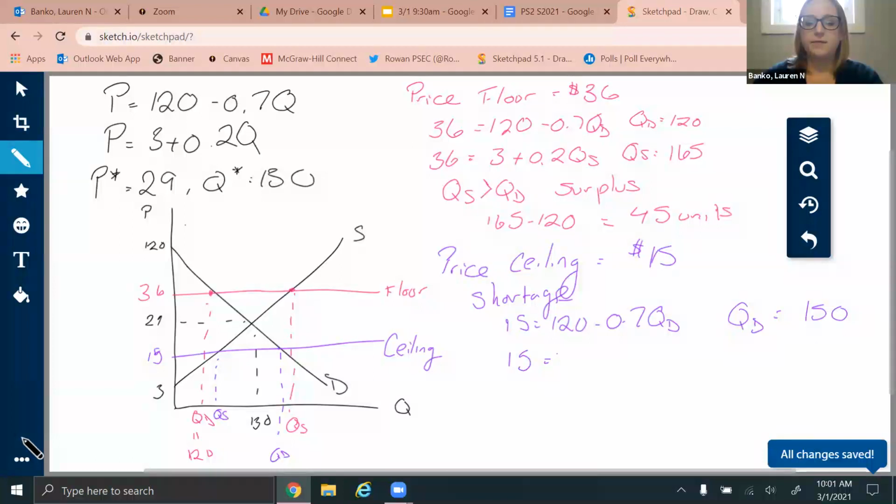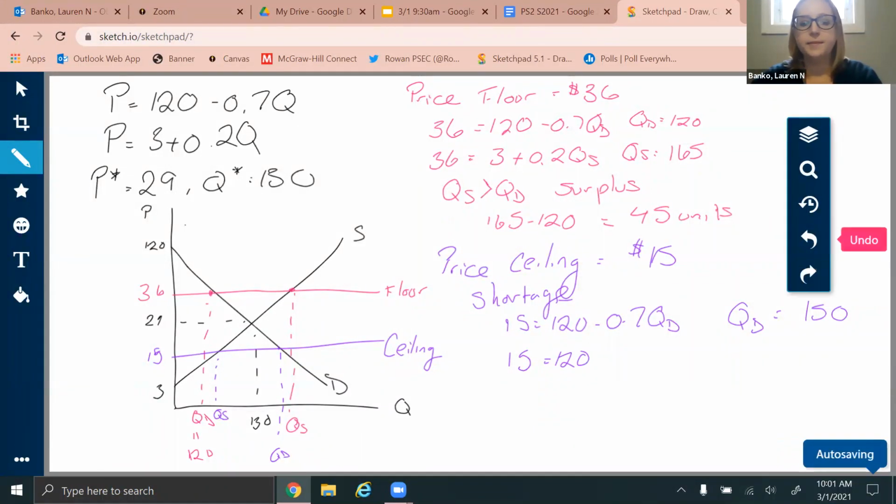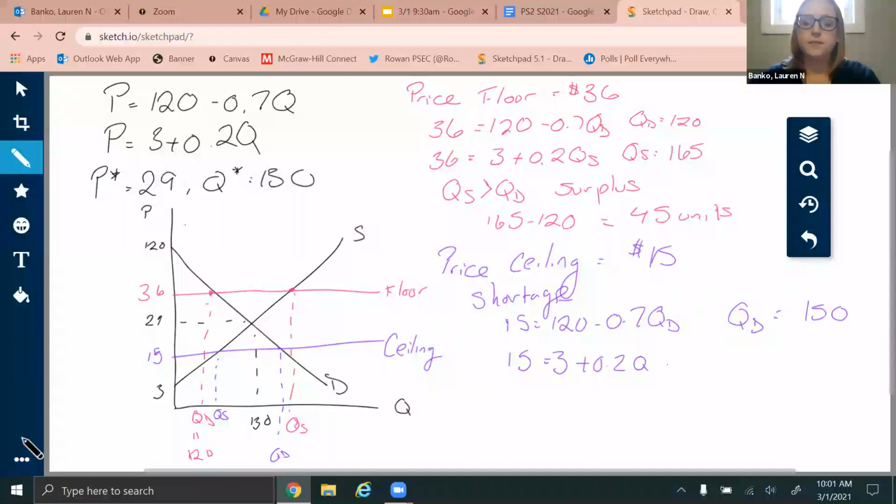Doing the same thing for supply, 3 plus 0.2 Q. Should get only 60 units. So this difference, we can subtract the two, is 90. And that's the amount of the shortage.